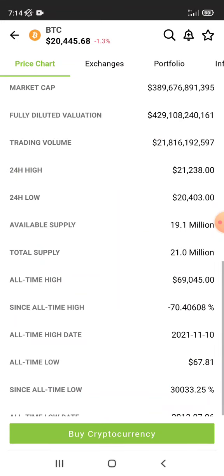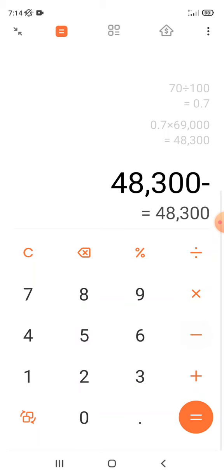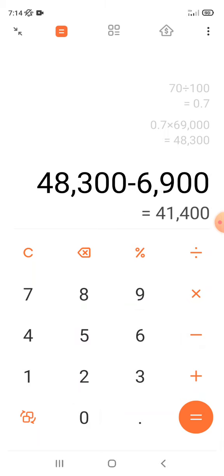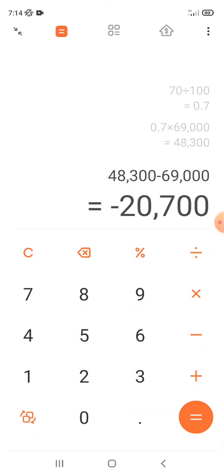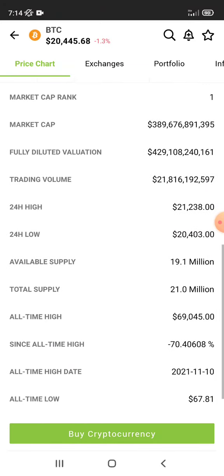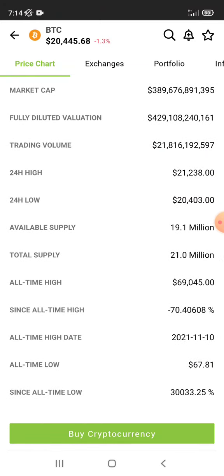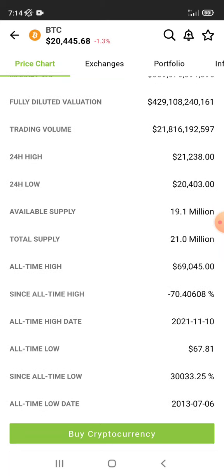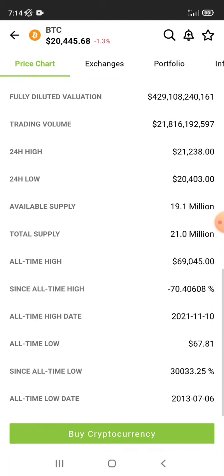So let's minus 48,300 from $69,000. You see, that is $20,000, which is the current price of Bitcoin. So from the all-time high of Bitcoin, it has reduced by 70% to get this $20,000. So okay, let's go to the next one.